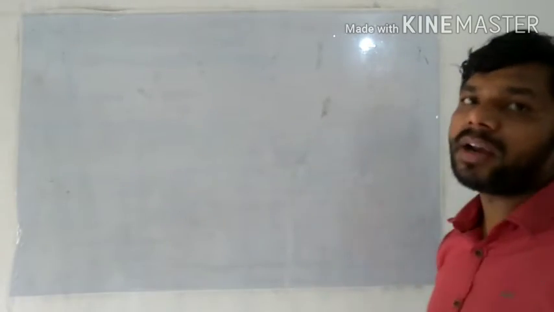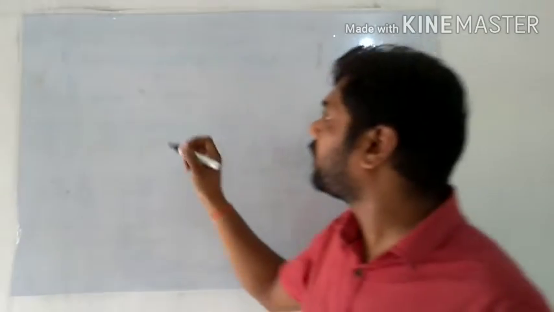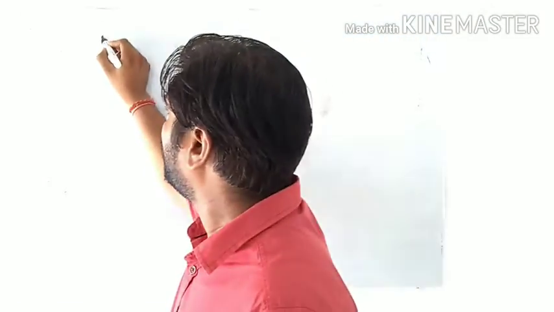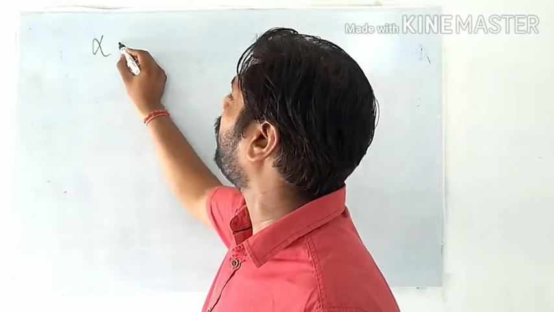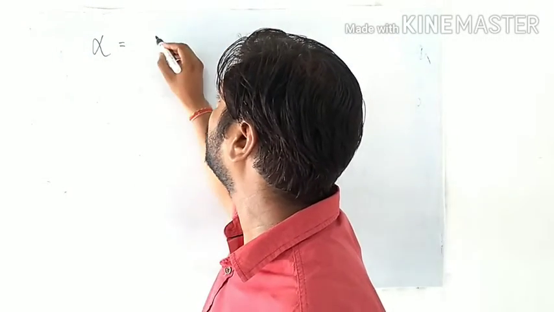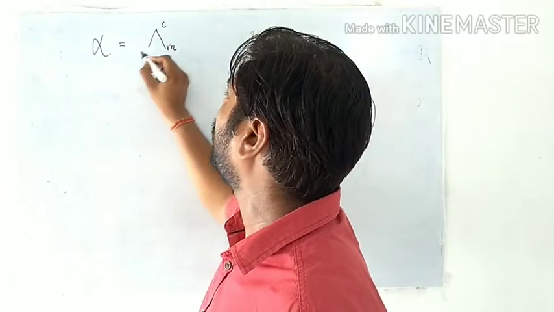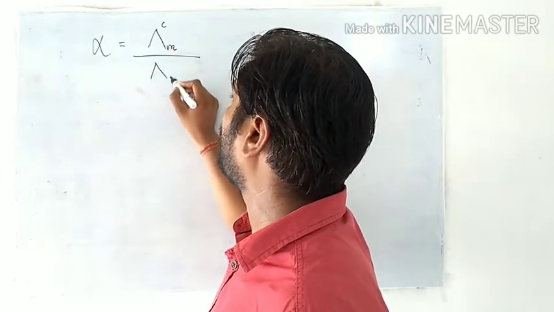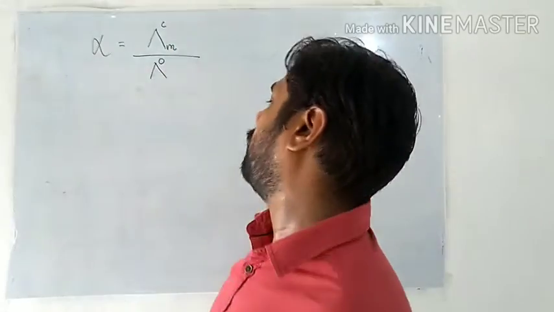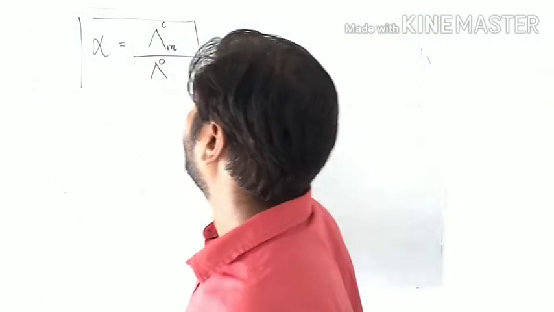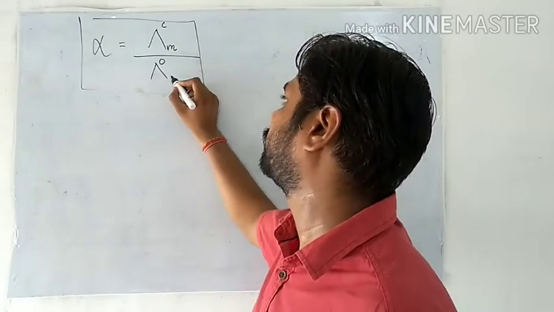Okay, how to find out the degree of dissociation? Degree of dissociation can be given as alpha, and the formula for alpha is very simple. That is the value of lambda m for any concentration over the value of molar conductance at infinite dilution, that is lambda naught.